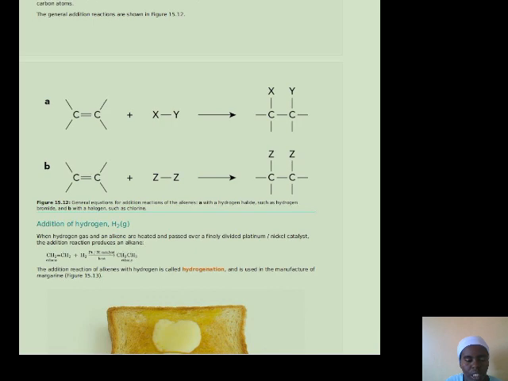For example, if you react ethene with hydrogen in the presence of a platinum or nickel catalyst, you get ethane. Hydrogenation is an important reaction used in the hardening of oils to become fats.